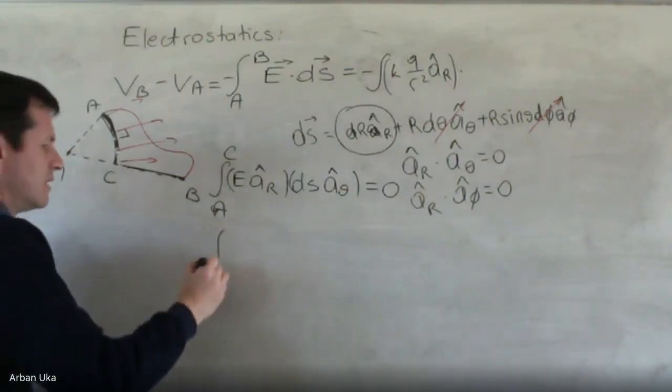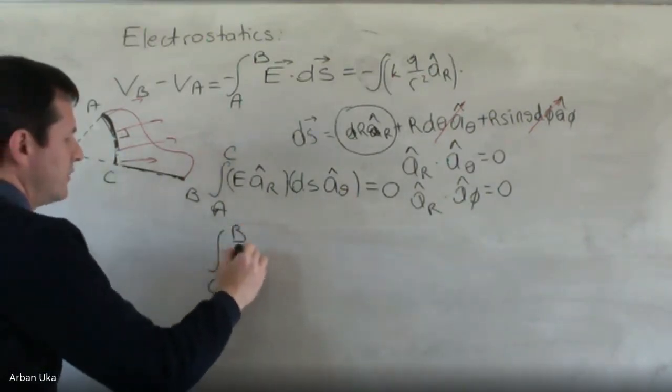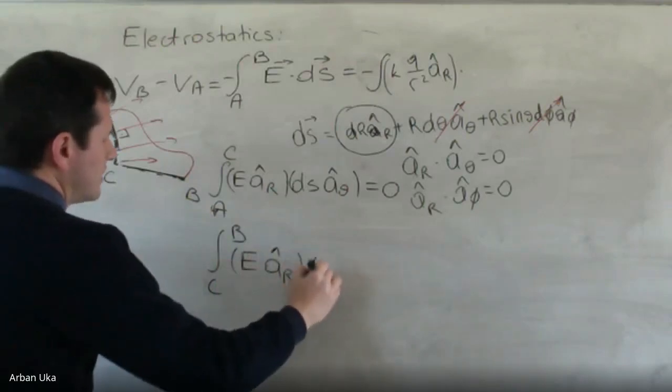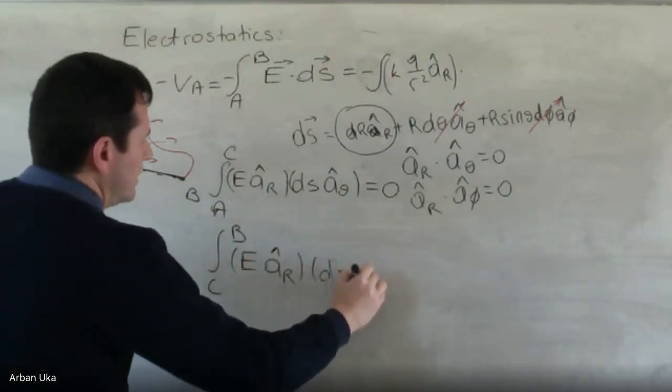Then the integral from C to B, let's see what it can be. The integral from C to B of E a_r times ds times a_r.